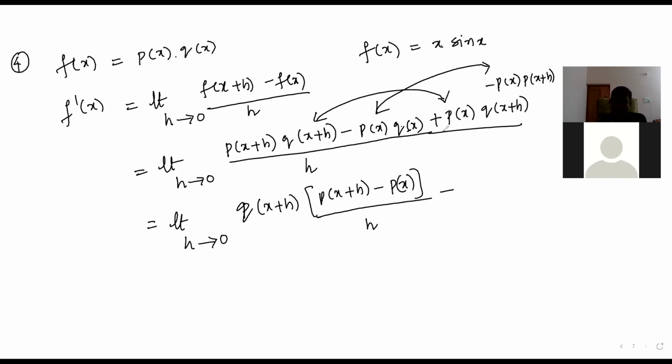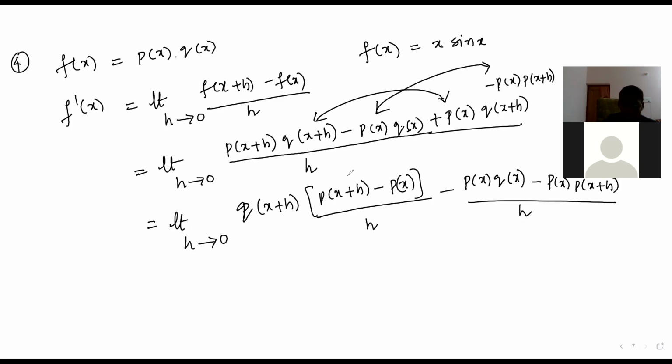From these two, what comes common automatically is here: minus p of x into q of x, and then minus p of x into q of x plus h, by h.